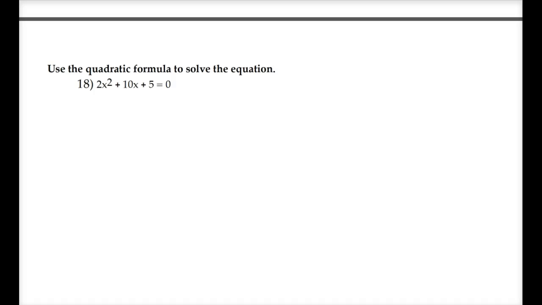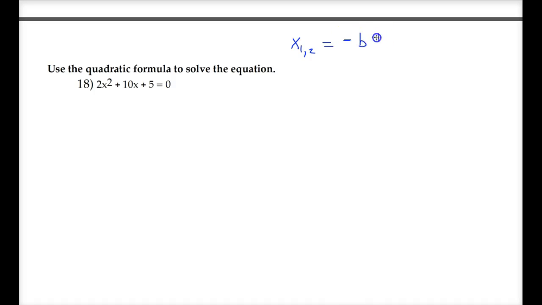All right, so question number 18 is asking us to solve this quadratic equation by using the quadratic formula. This is a formula that you definitely need to remember, and I'm going to write it here. This x sub 1, 2 just means that we're expecting up to 2 answers.